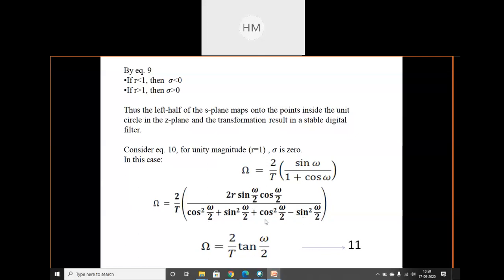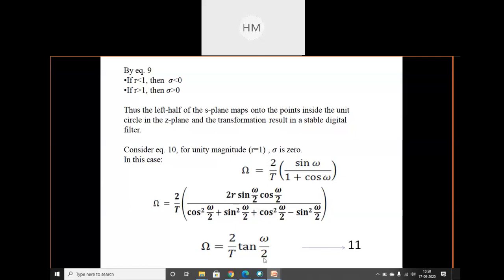At last I will get ohm is equal to 2 by T tan omega by 2. This and this get cancelled out, and you get sine omega by 2 upon cos omega by 2, which leads to the equation 2 by T tan omega by 2.